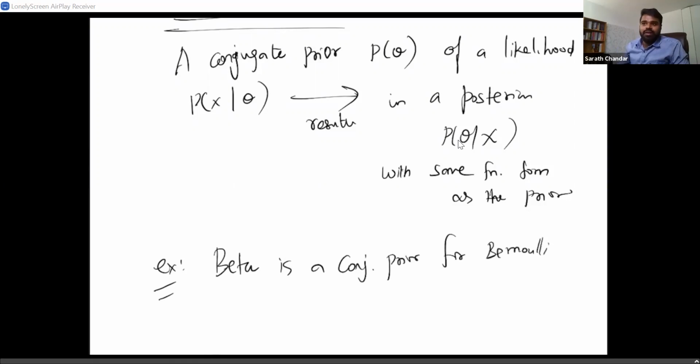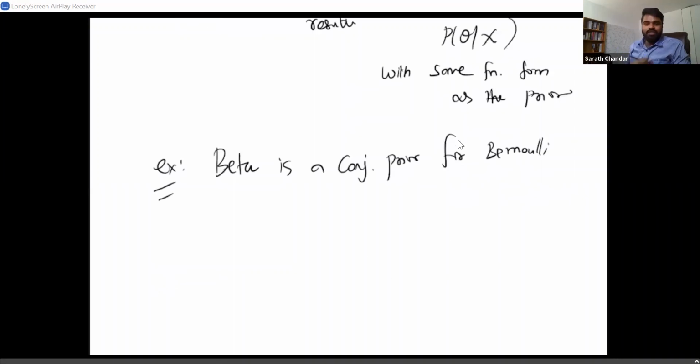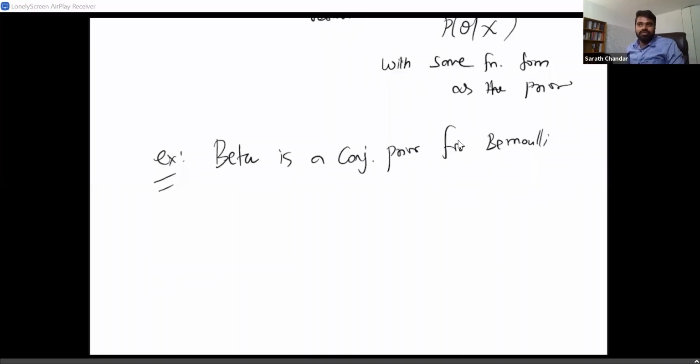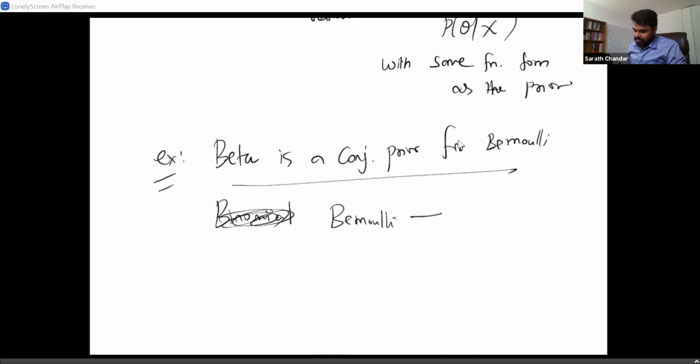In fact, I can give you some other examples, like binomial. So Bernoulli likelihood has beta prior. Even for binomial likelihood, beta is the conjugate prior.